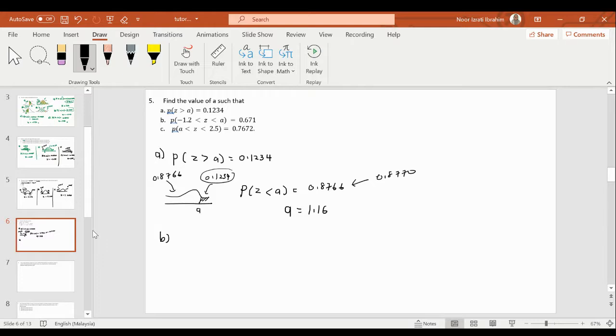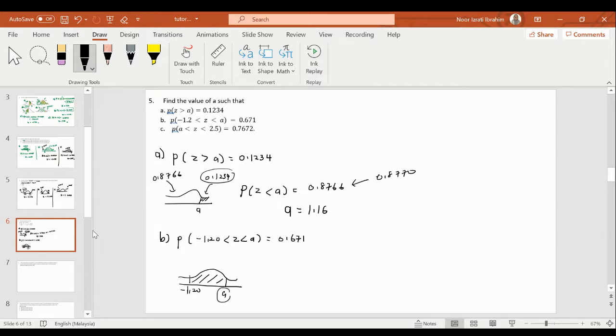For B, we want to find the value of a, where it is given that z is in between 1.20 and a, with probability 0.671. So if we draw the region, 1.20 here, and this is the a, and the area is quite large because it is 67.1%, right?